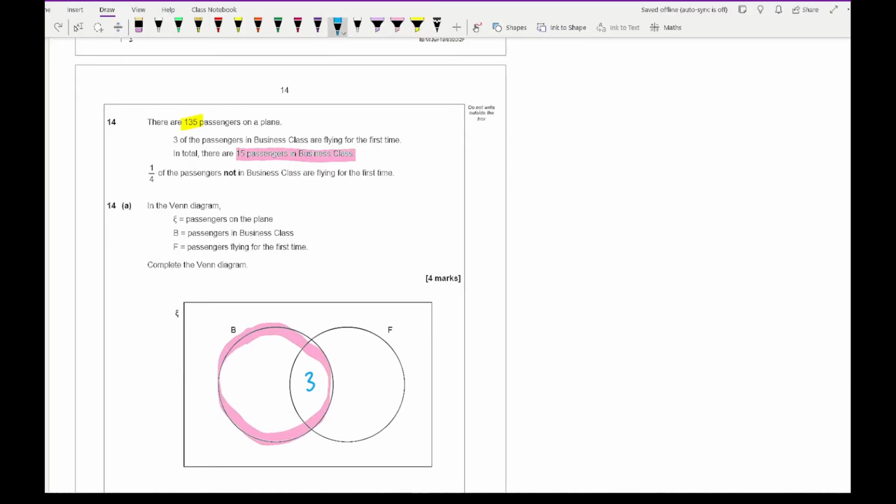So if the middle bit is 3, then we've got 12 left. Now from this, what we need to do is find out how many passengers are not flying business class. Well, that's going to be 135 minus 15, which gives me 120. Now of this 120, a quarter of them are not flying business class.